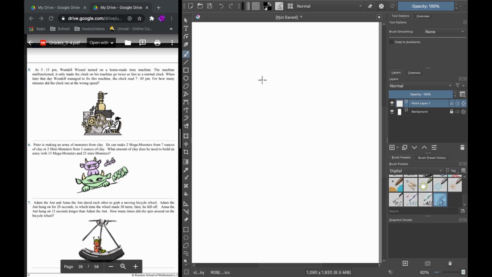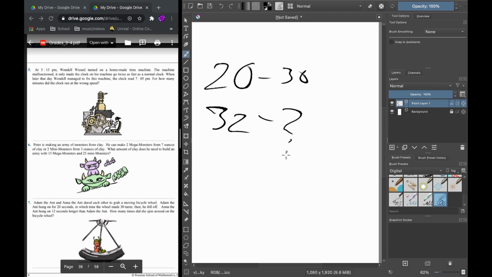We would do 20, 30, and then what we have is 32. 32 for how many? So we would cross multiply right here.